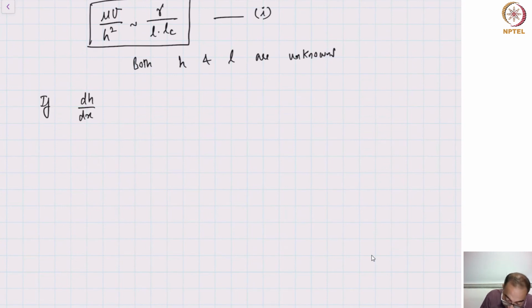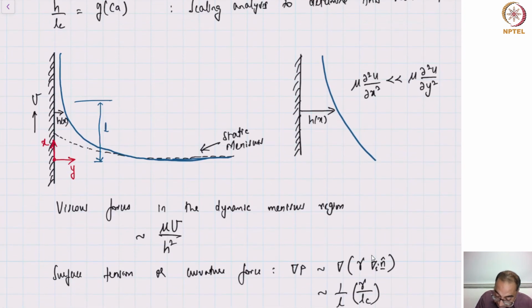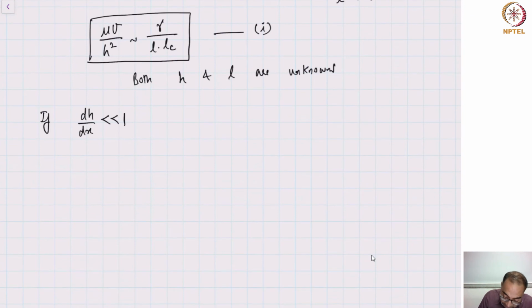If dH by dx is very, very small, remember dH by dx is basically the variation of height in this dynamic meniscus. Then we can employ the lubrication approximation.